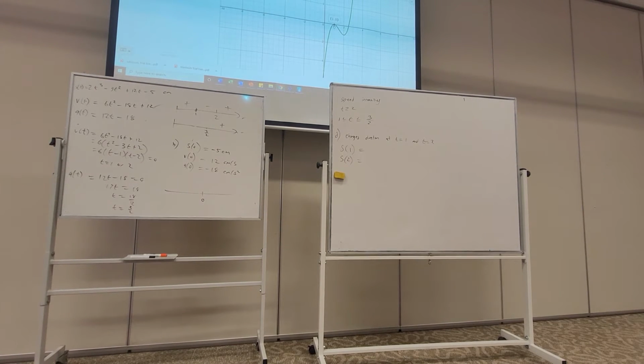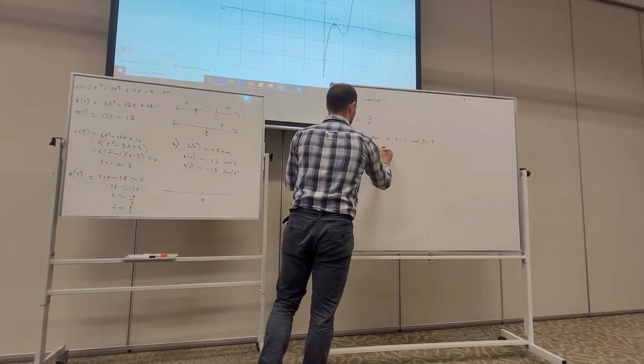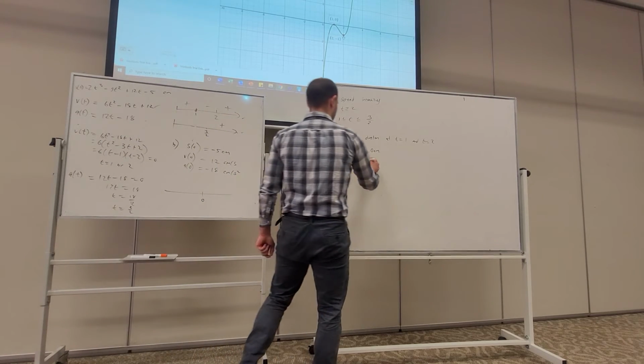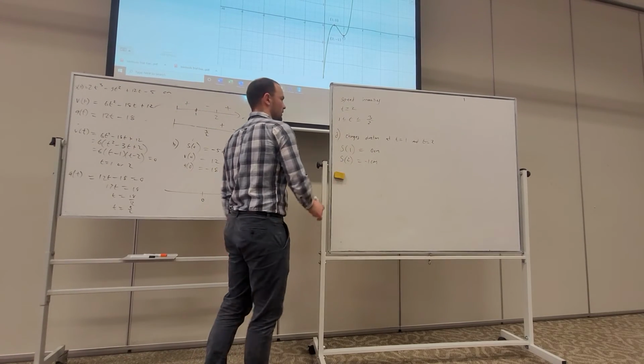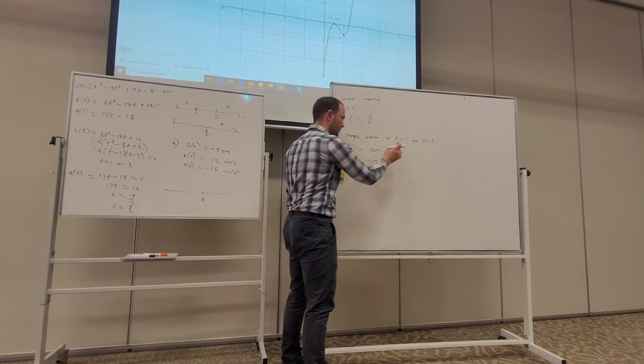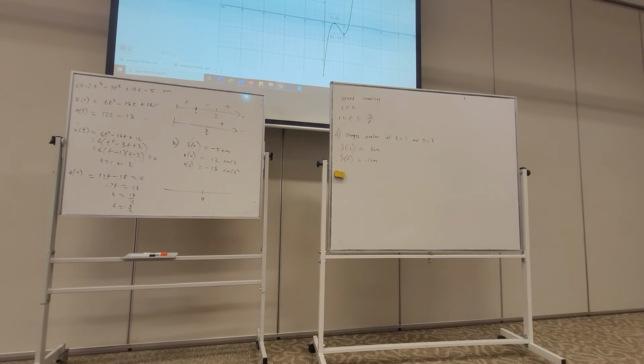When time is 1, the displacement is 0. When time is 2, the displacement is minus 1. Very good. So it changes direction when time is 1 at 0 centimeters, and when time is 2 seconds at minus 1 centimeter. So that's that part there.